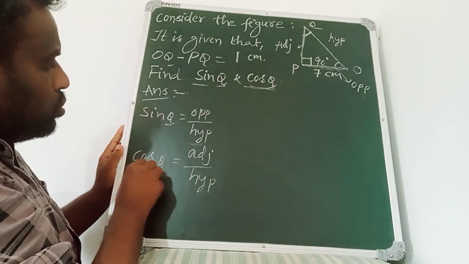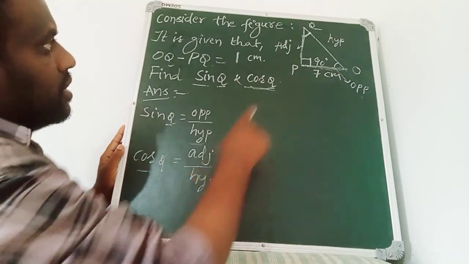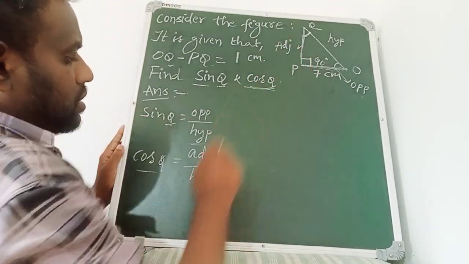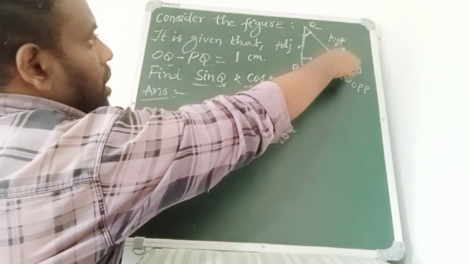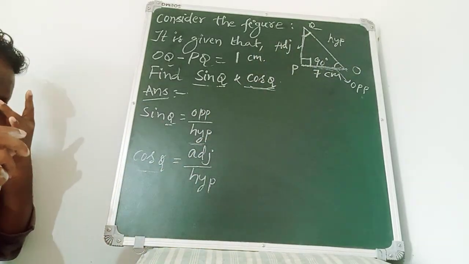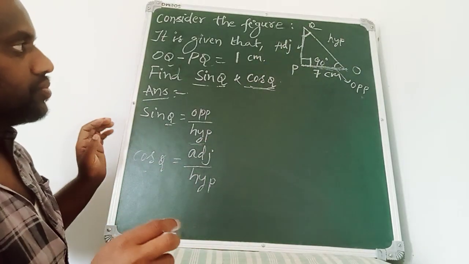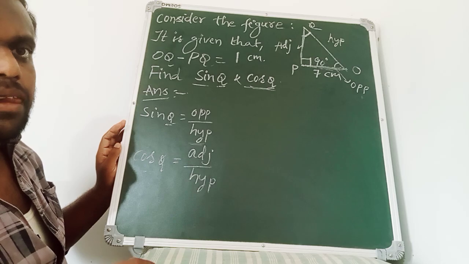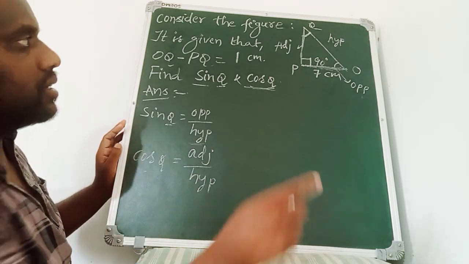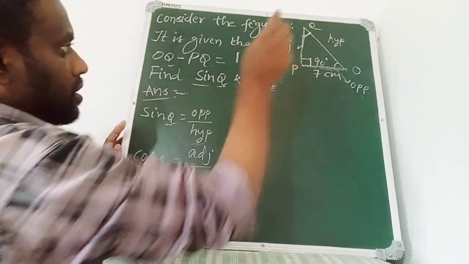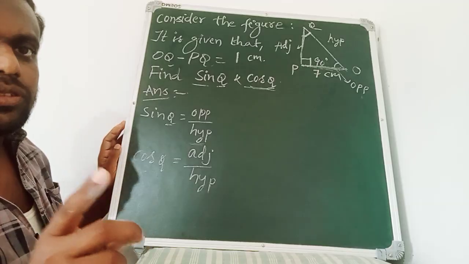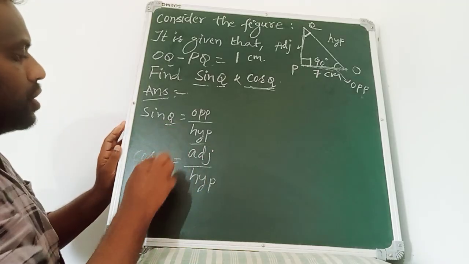Similarly, here for cos Q, the adjacent is also not given, and the hypotenuse is also not given. So first we have to find the hypotenuse and adjacent. Then we can find sin Q and cos Q.